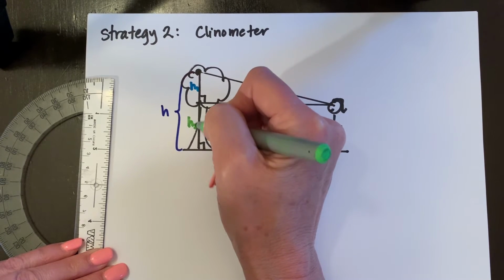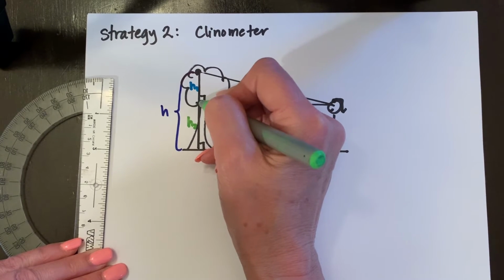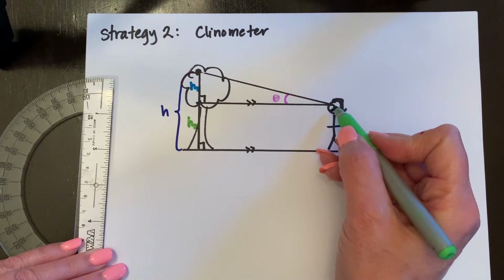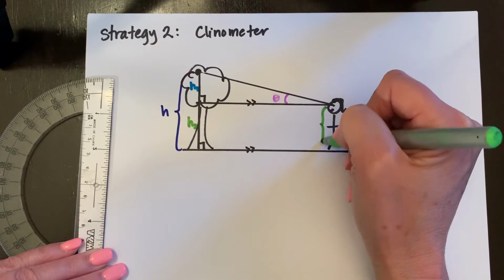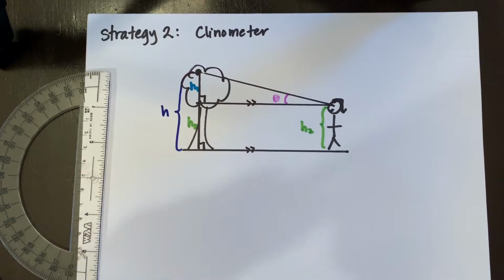And you may be wondering, what is this distance from the base of the tree to the base of the right triangle? Well, if you look across, this actually is the height of my eyes. So this distance here is the second height that we have to find.